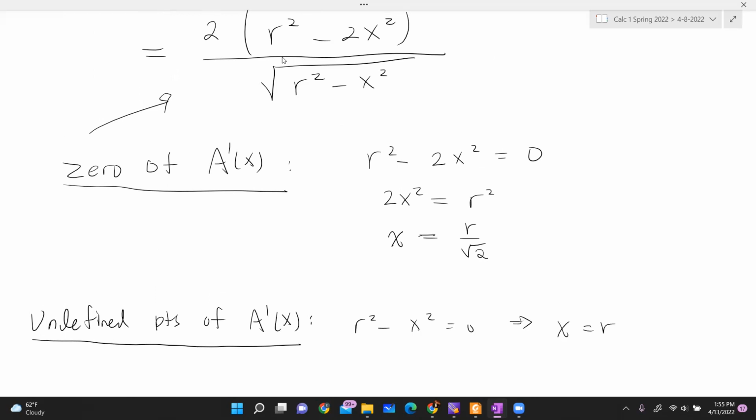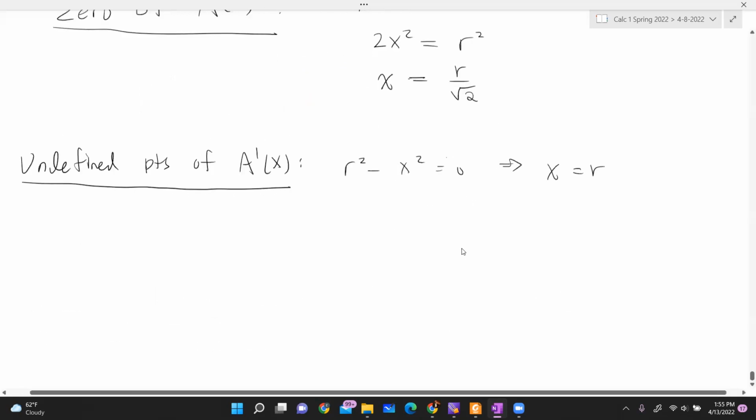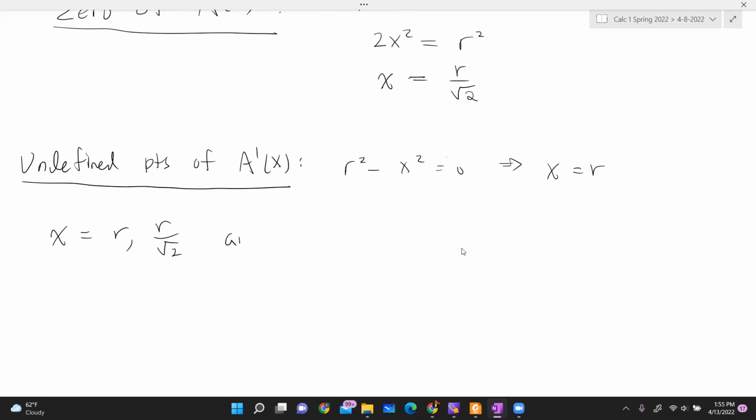So x is equal to r, and then r over square root of 2 are critical points. So this r is just the endpoint of the domain.